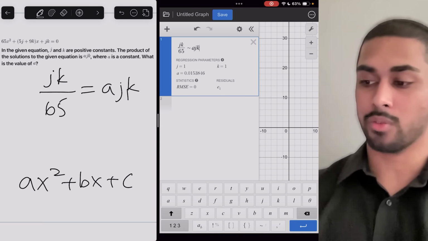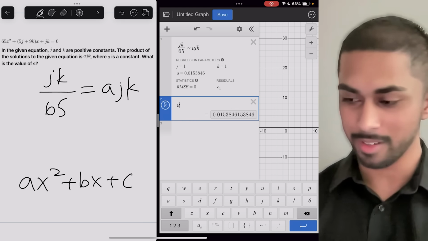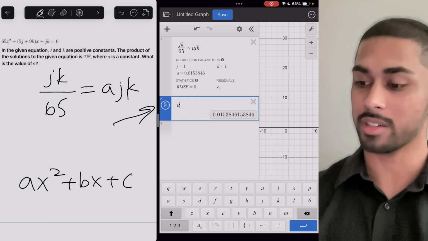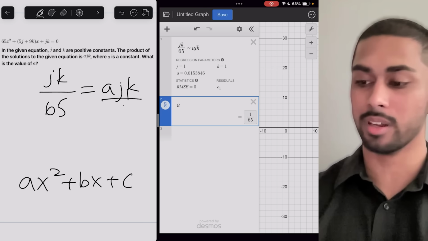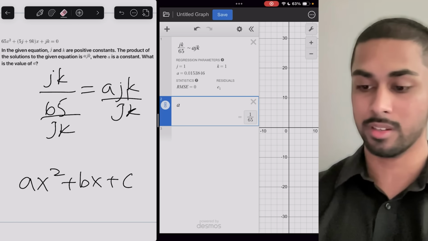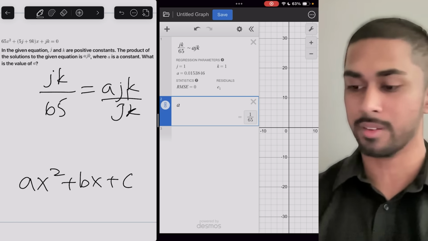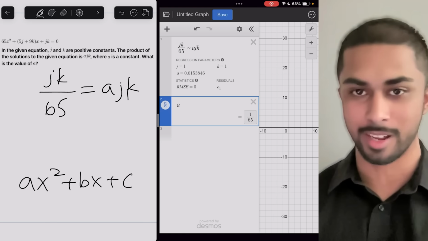Do you see how it solves for A for you? And put the A down here, right? And then use this fraction button. And you see that it's 1 over 65. You could have totally done this by hand by dividing by JK, but I see a lot of smart students find it difficult to divide by another fraction. Just don't worry about any of that. You have Desmos. You have a calculator on your math test.